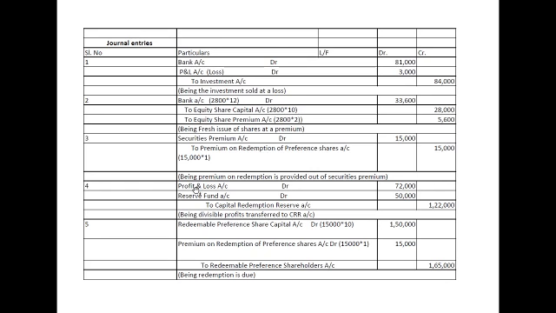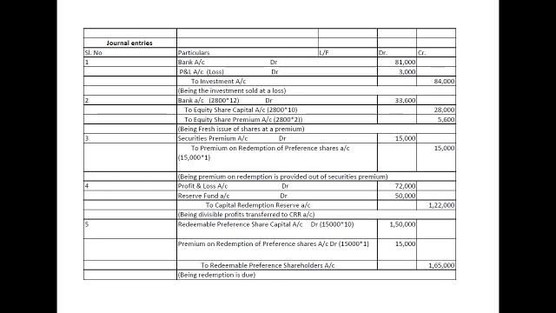Direction you can write, being premium is paid out of securities premium account. The fourth journal entry will be with respect to the creation of CRR. From which fund or source you created the CRR, for that you are giving the journal entry. So debit the source.